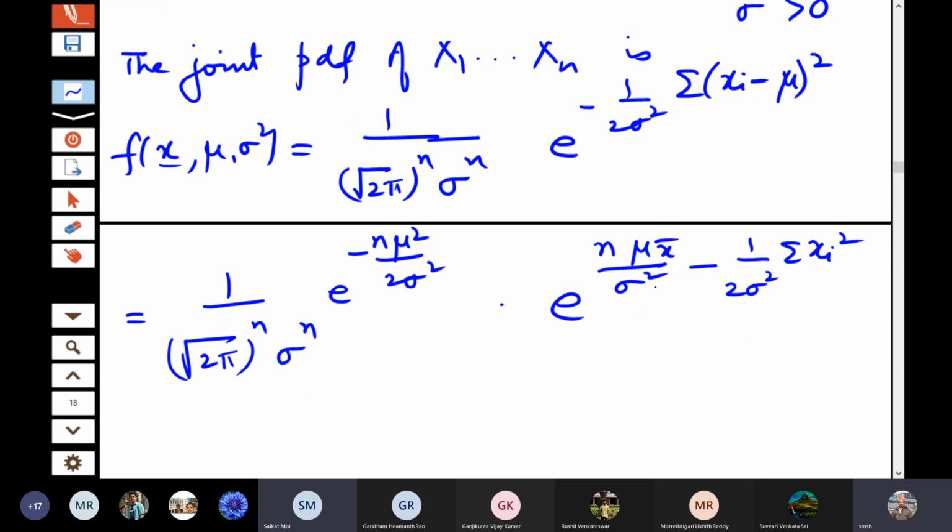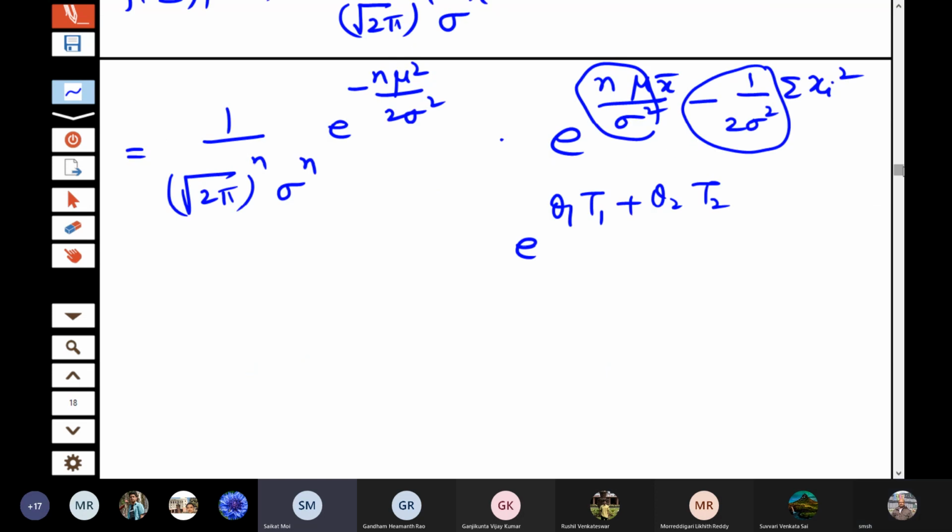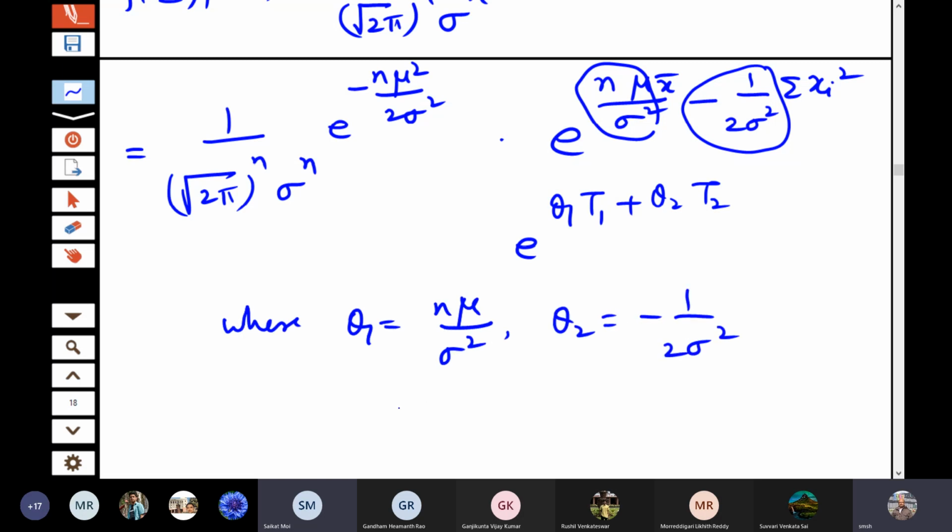You look at this, if I consider this parameter as theta 1 and this parameter as theta 2, I can consider it as theta 1 T1 plus theta 2 T2, where theta 1 is n mu by sigma square, theta 2 is minus 1 by 2 sigma square, T1x is x bar and T2x is sigma xi square.